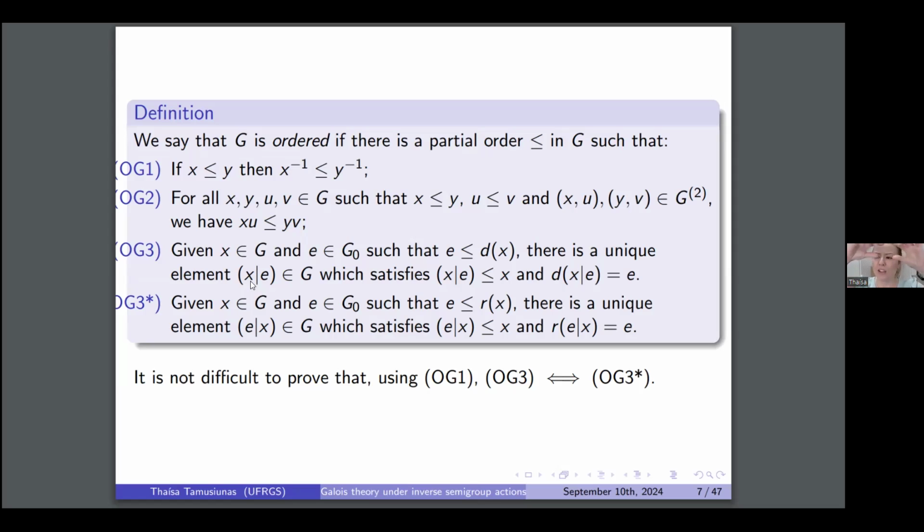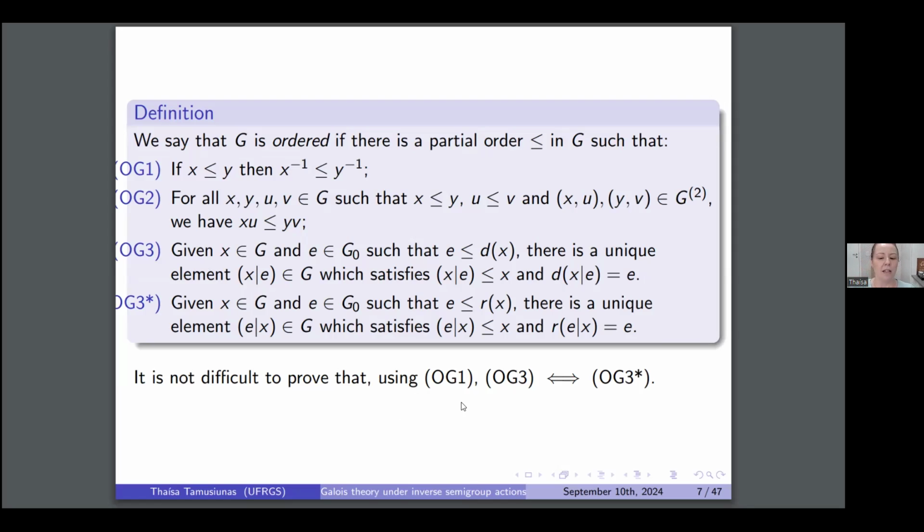X has a bigger domain, so we're restricting to something that is smaller. So you cannot interpret this in terms of the product because it's a groupoid. The product is only defined when the domain and the range exactly match. Yes.